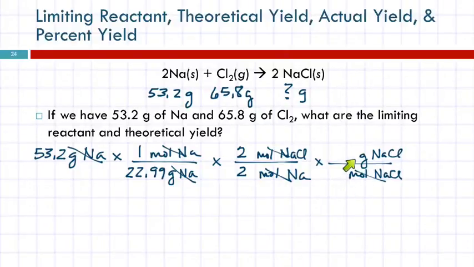Then over here, grams to moles of sodium chloride. Well, I need the molar mass of sodium chloride. So that's sodium 22.99 plus chlorine 35.45, and it's 58 something. 58.44.